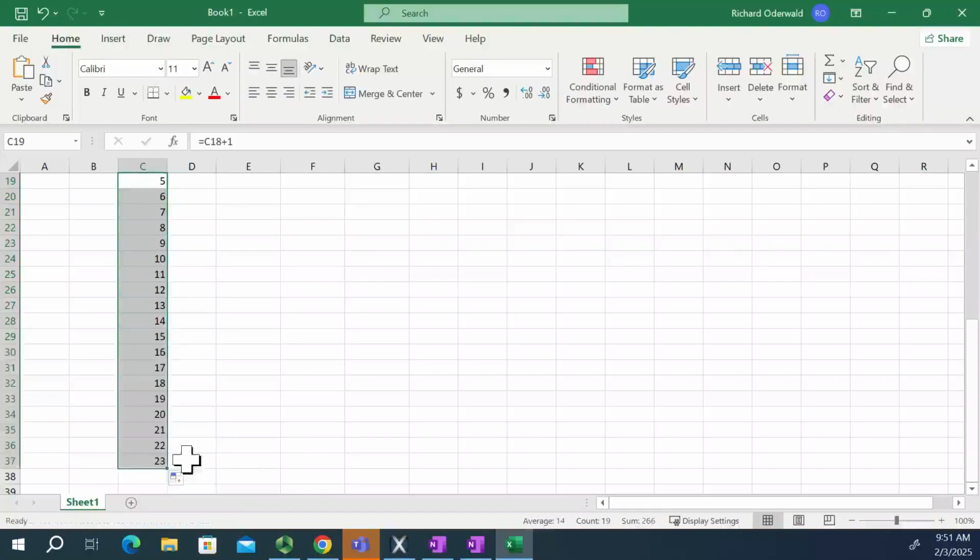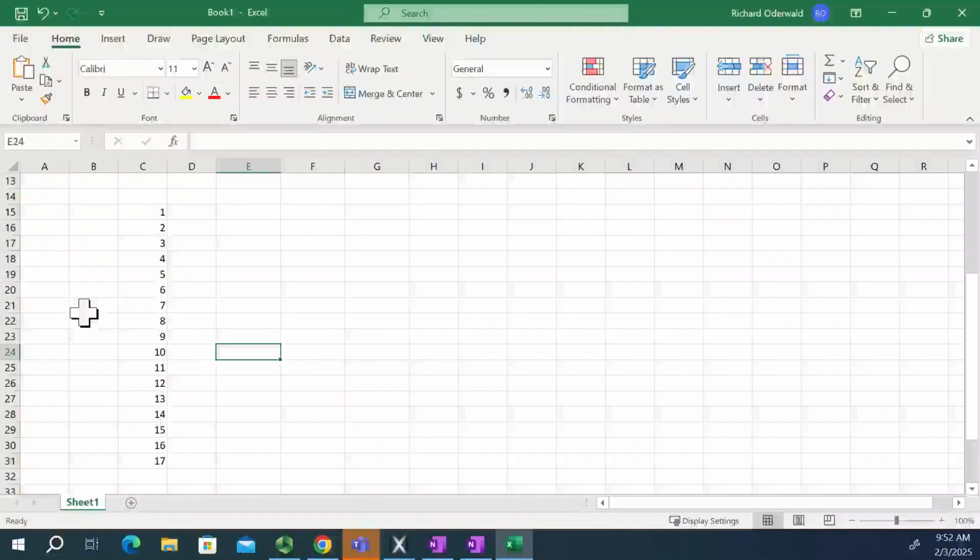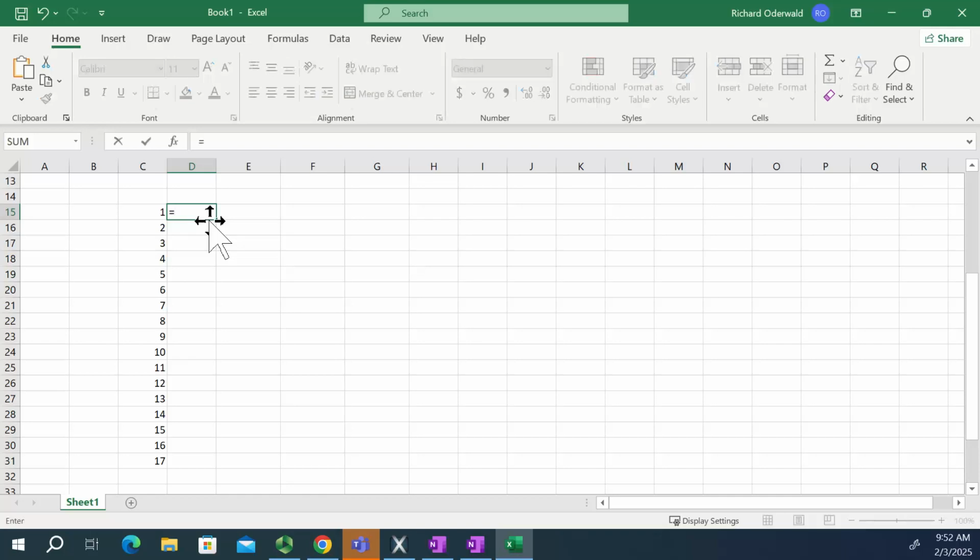And I want 17, and the 17 works good. Go to that first spot, and this is more, how do you use Excel? I want equals RAND. I'm going to get random numbers.